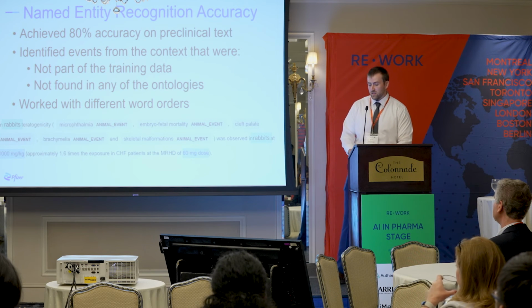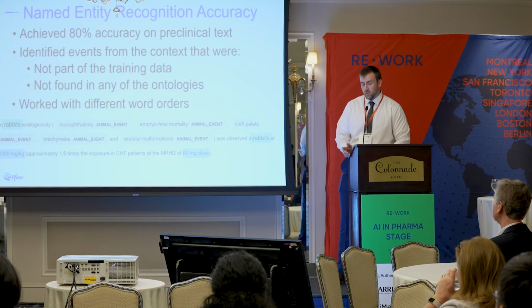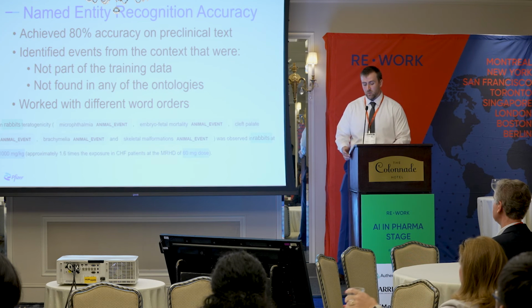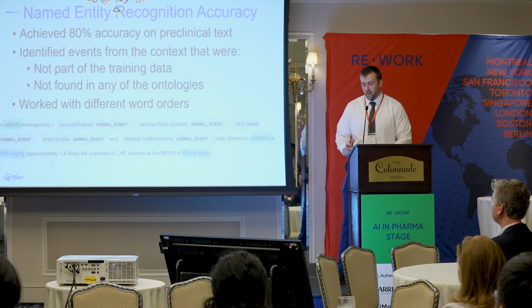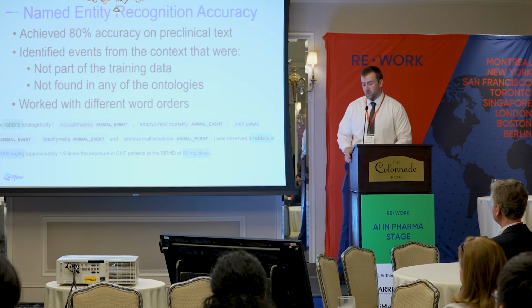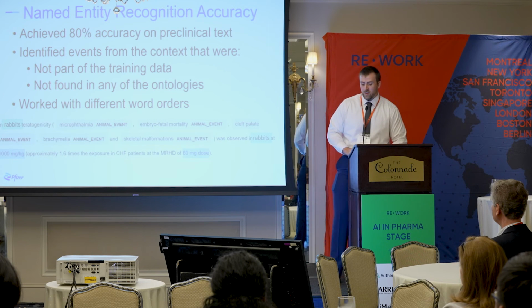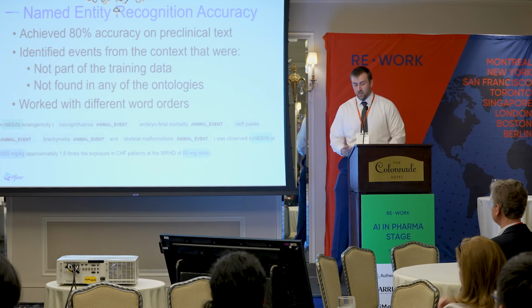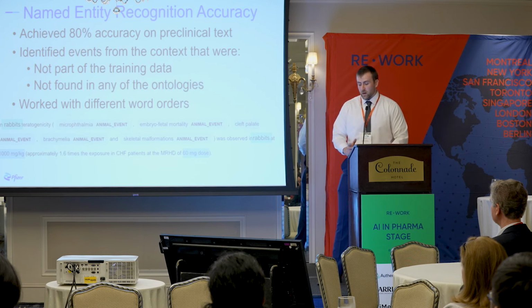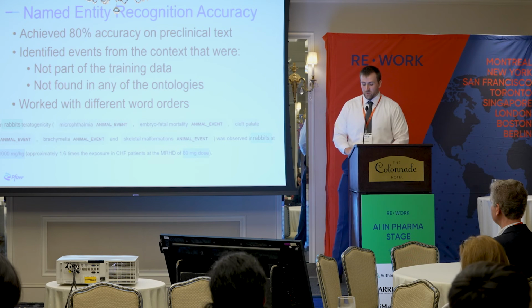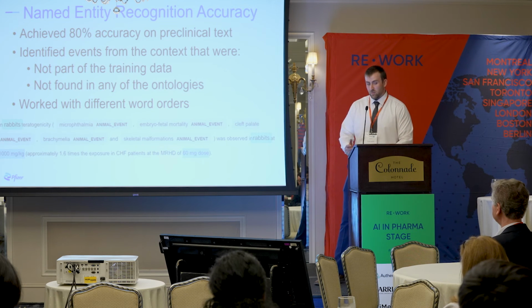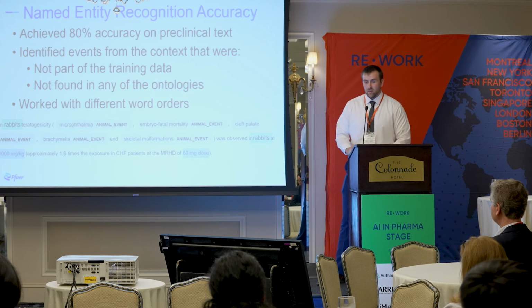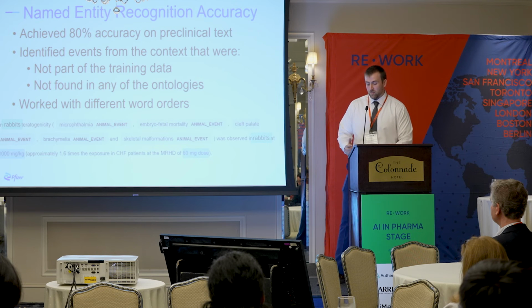So in the end, this is a sentence pulled from preclinical text, and we can see that we'll have rabbits, in this case highlighted, and then our multiple animal events highlighted. And in this case, we can see that more complicated events such as embryo-fetal mortality are captured, as well as other ones such as skeletal malformations, which are not easy to do with just phrasing alone, or with patterns alone.